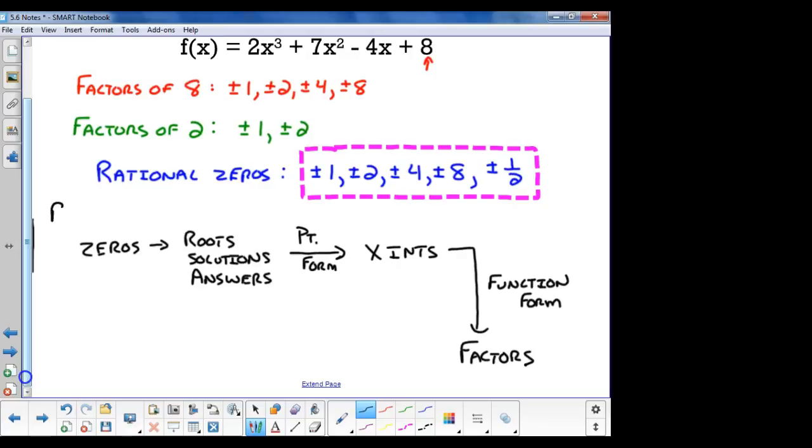Right? So what we're really solving, what we're finding the zeros of a function. Well, the zeros of a function are also the x-intercepts. Okay? The zeros of the function, if we wrote them as factors, become the factors if we put them back into function form.